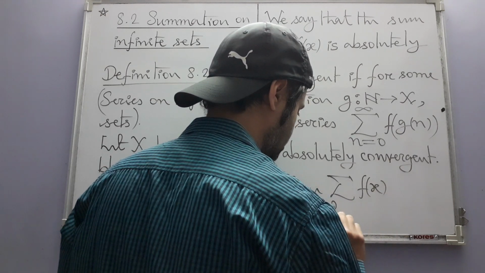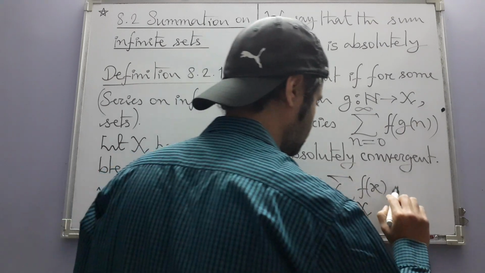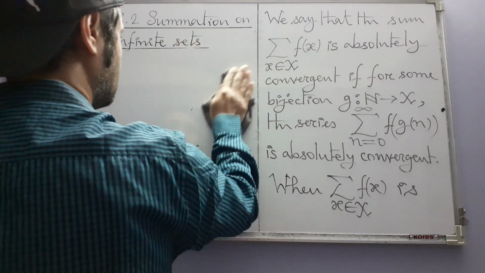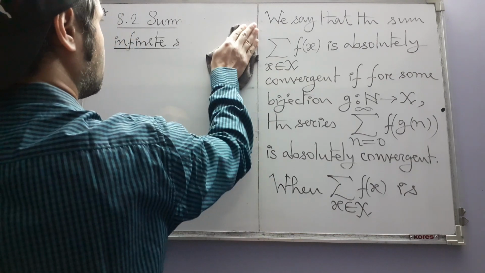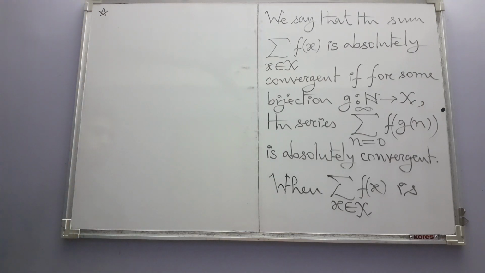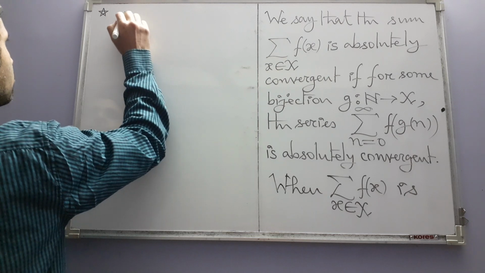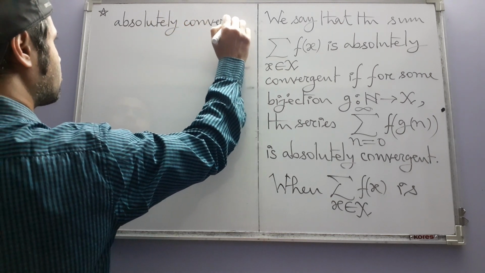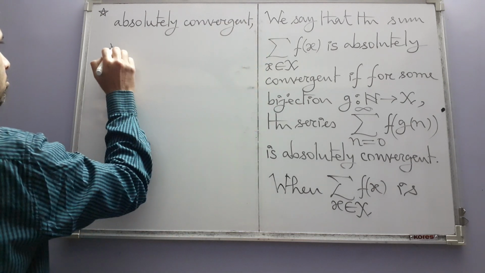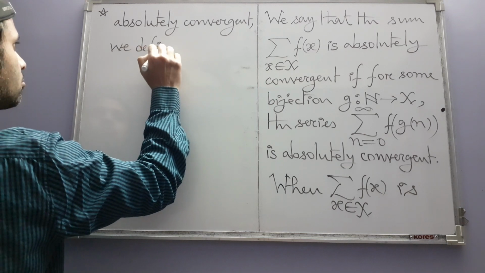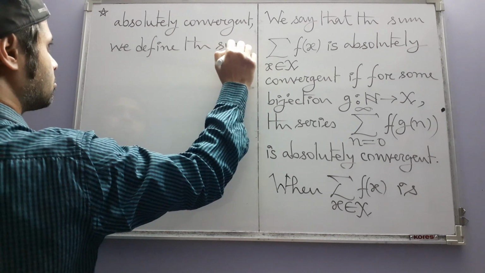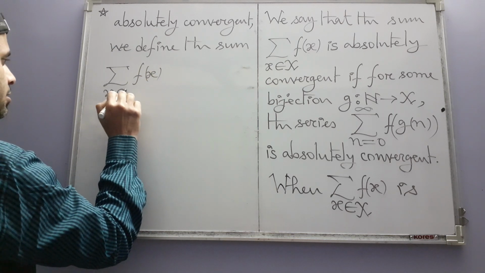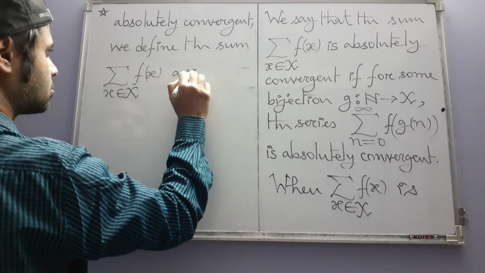when this is absolutely convergent, we define the sum, or more precisely we define the value of the sum as this.